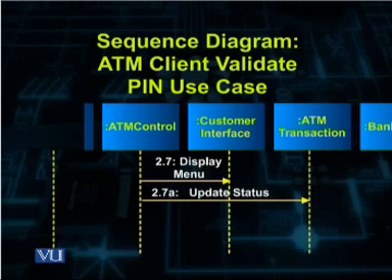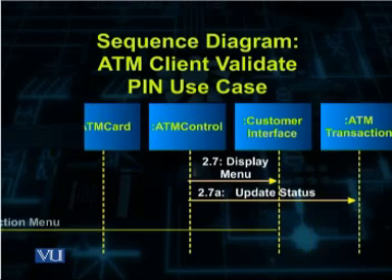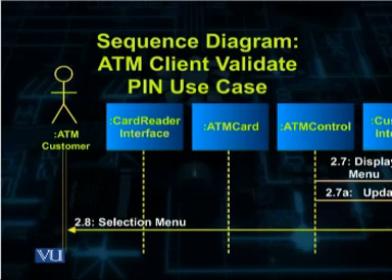The customer interface object then sends a message to the ATM customer and provides a selection menu. The selection menu primarily consists of three items. Number 1 is the withdrawal option.